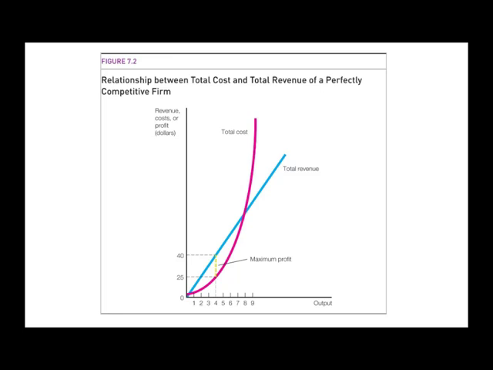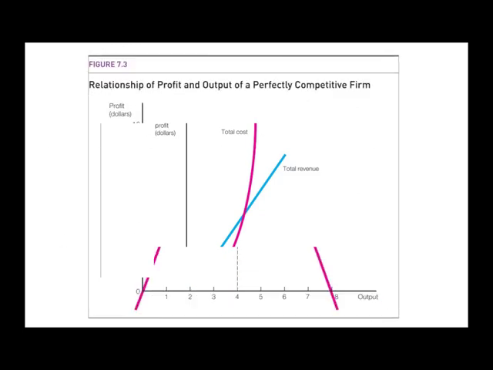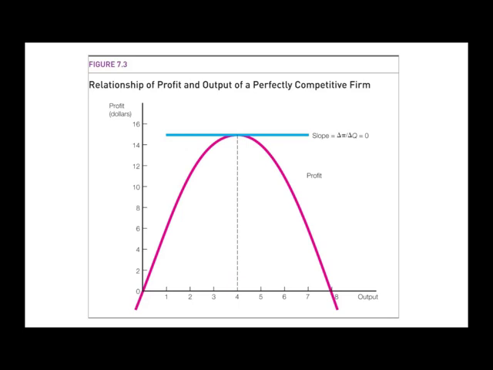What about the total profit function, which is the consequence of these two curves' interaction? If we draw the total profit function, as you see in figure 7.3, then total profit, which is the distance between the total revenue and total cost functions in figure 7.2, will be increasing until Q equals 4, and then it reduces as you increase the output, right?